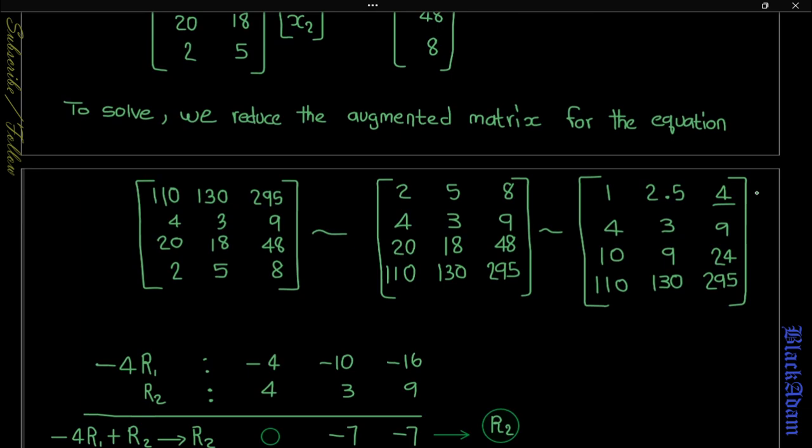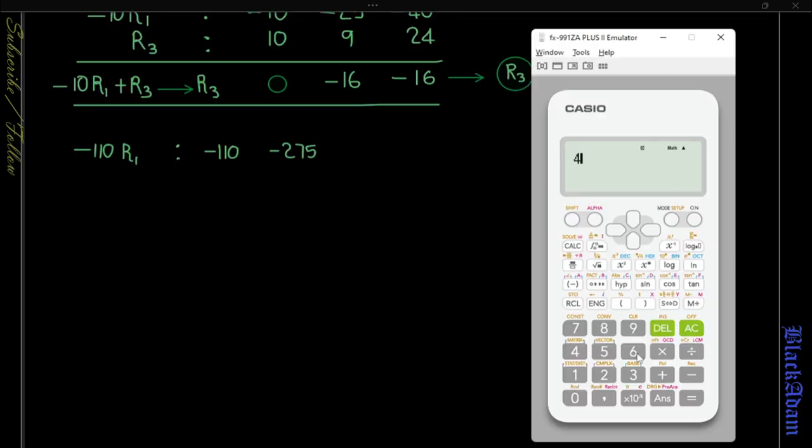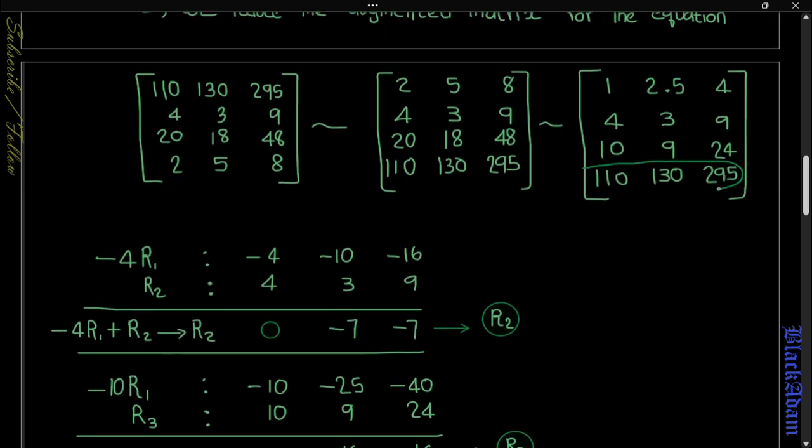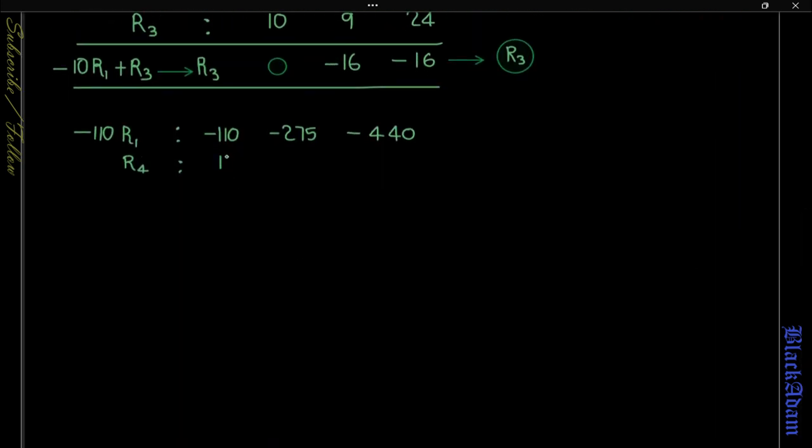And then we have 4 times -110, which is -440. And then row 4, that's 110, 130, and 295 actually.